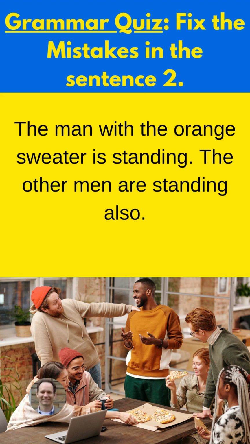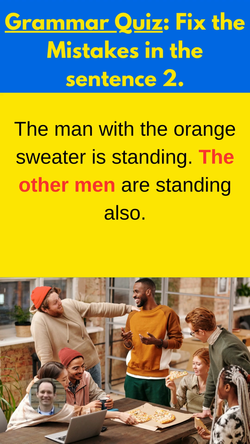Fix the mistakes in the sentence. The man with the orange sweater is standing. The other men are standing also. The problem with this one is where it says the other men. Because, yes, there are two other men standing, but there's also one man sitting.